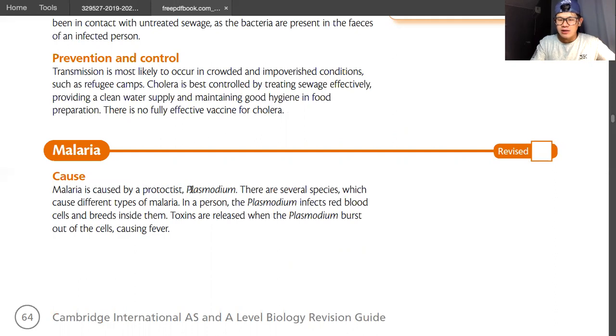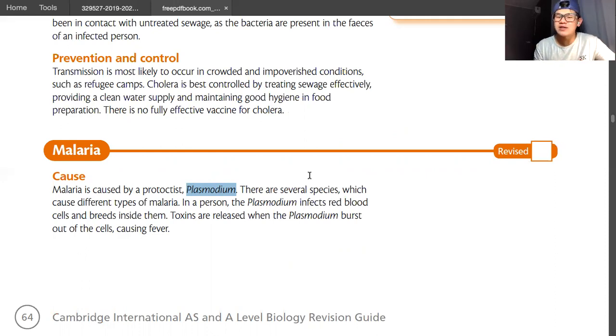They are in the genus Plasmodium. So malaria's causative agent is a protozoan, what we call Plasmodium. This is the genus for this microorganism.